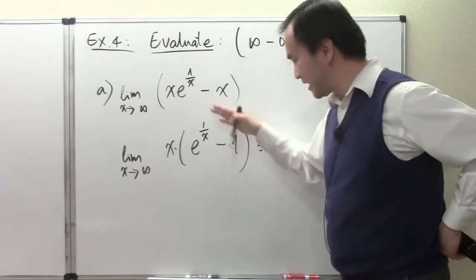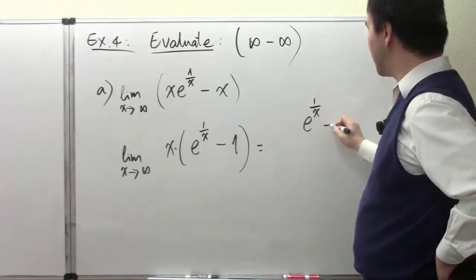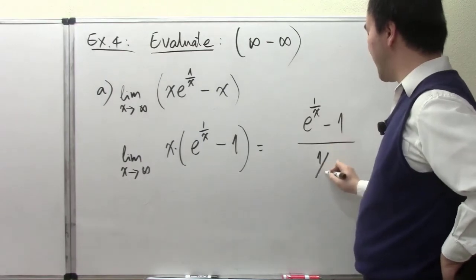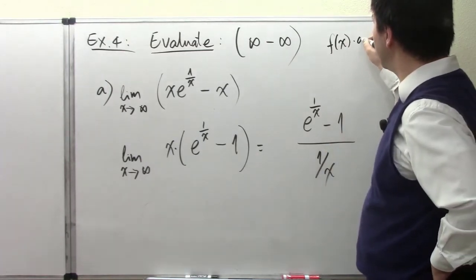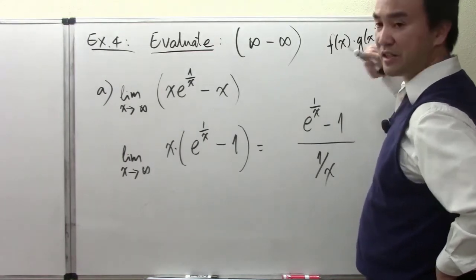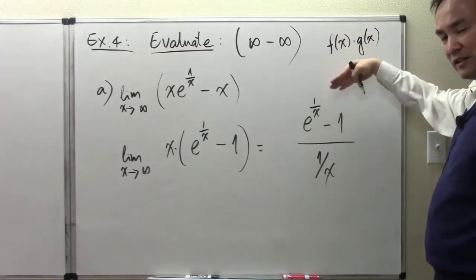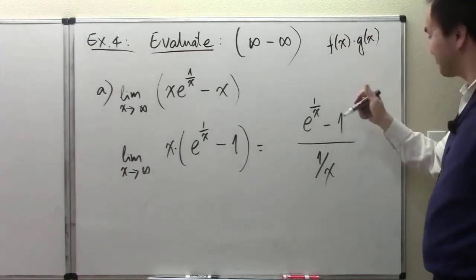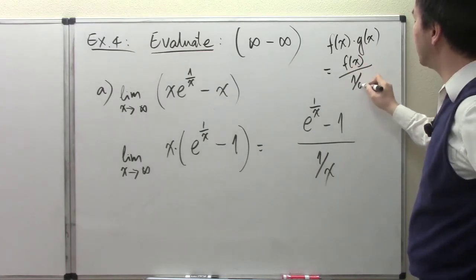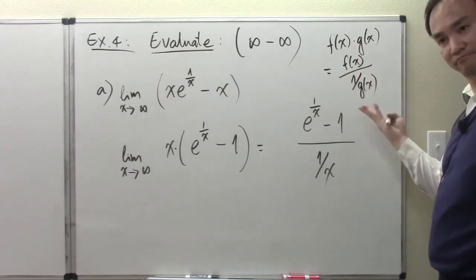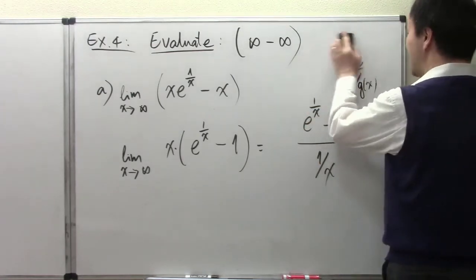I'm going to turn my expression into e to the 1 over x minus 1, over 1 over x. I'm seeing f of x times g of x, and I'm putting one of them into the reciprocal, turning it into a quotient of the one function over the reciprocal of the other one. Keep one function in the numerator and put the reciprocal of the other one in the denominator. That's how it works, and this trick works pretty well here.